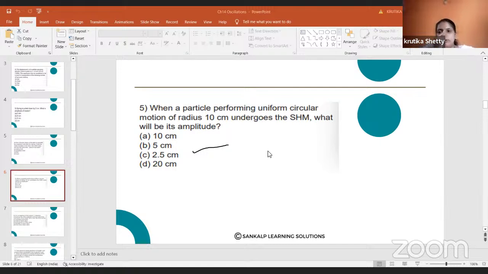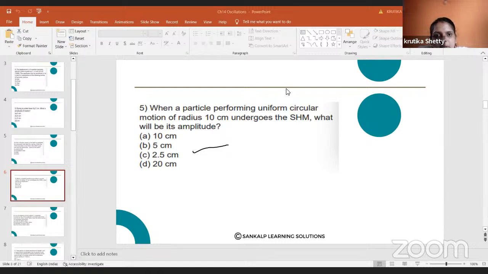You need to know what amplitude is, then you can answer this question. Here, when the body is performing simple harmonic motion, what is the amplitude? Amplitude is the maximum displacement. Yes, it is option B, correct. Option B is correct here. Yes. Look here, what is your amplitude?